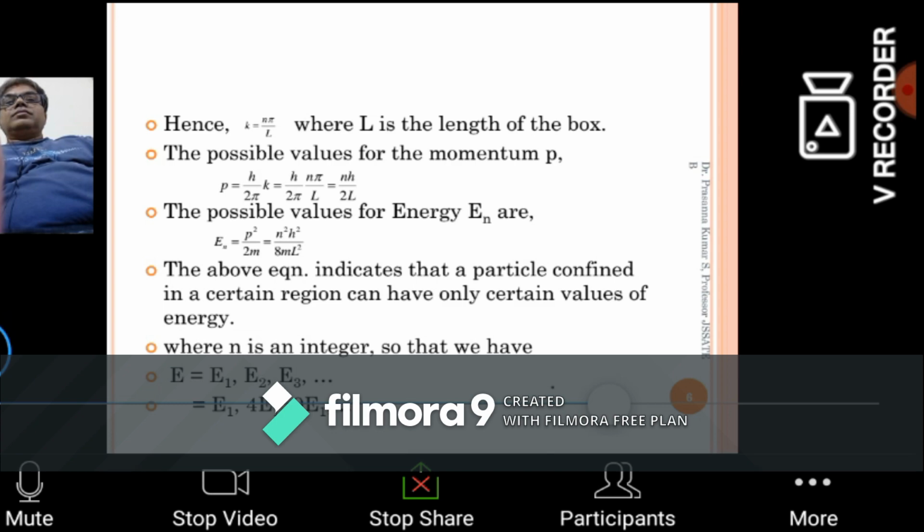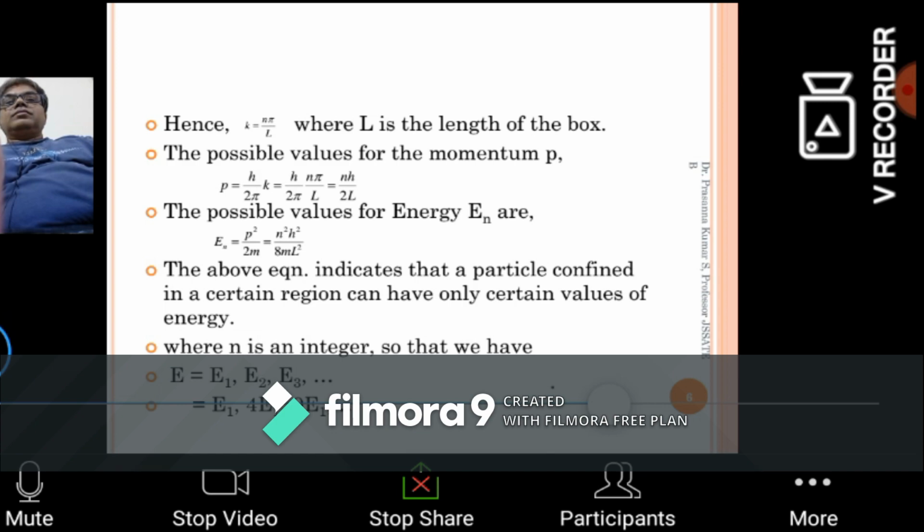Then what are the possible energies? So you know that I told you, the total energy is kinetic energy plus potential energy. Imagine the electron going around the nucleus, with kinetic energy and potential energy. Here in this case we have assumed that the particle is tightly bound to the nucleus, and we approximated the potential energy to be almost 0.